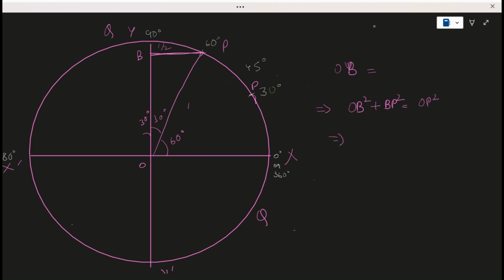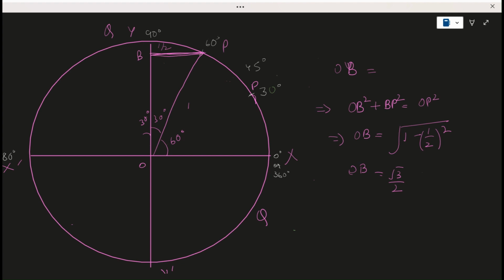This means again we have the value OB is equal to under root 1 minus half square is under root 3 by 2. Same value we get which we calculated here.